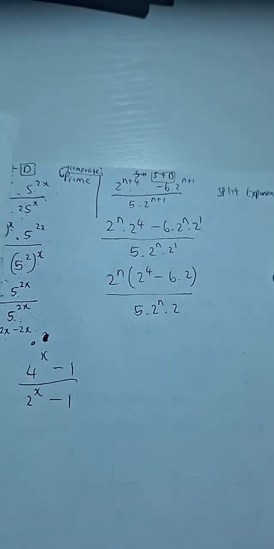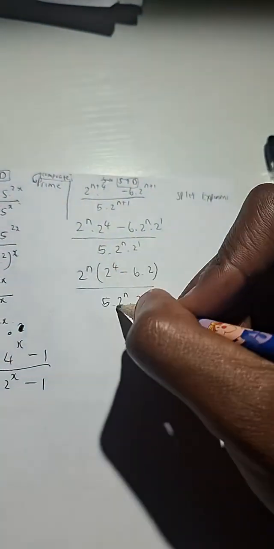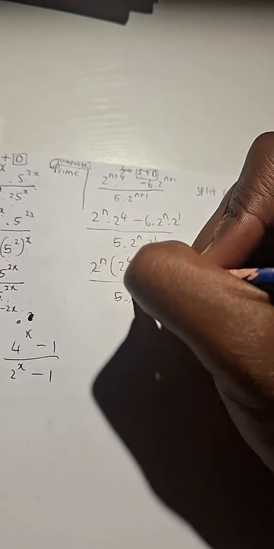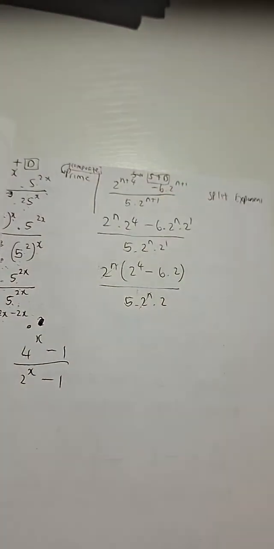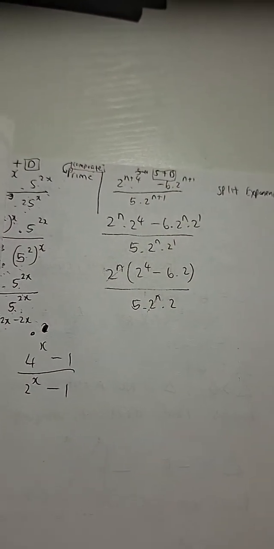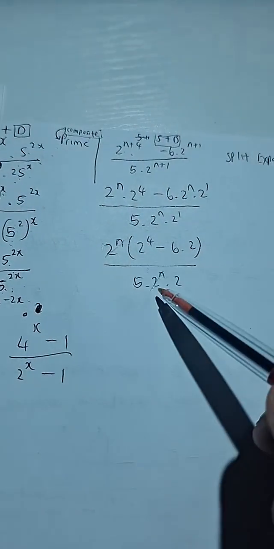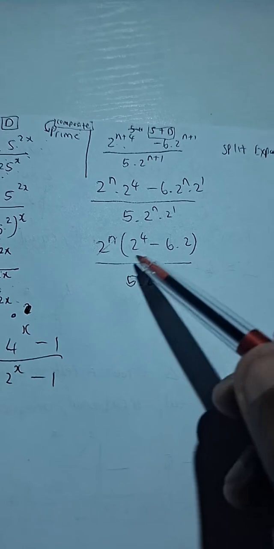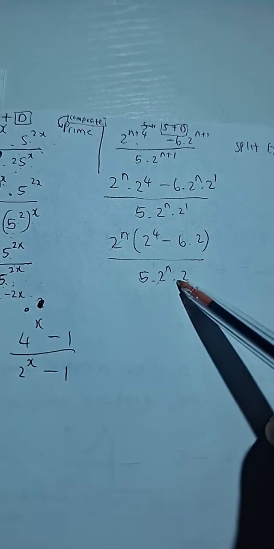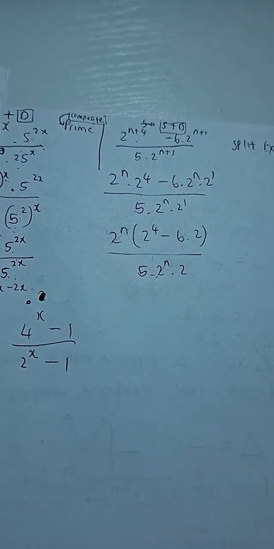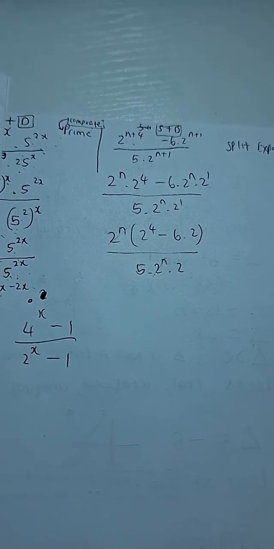Now, cancelling is possible. Why is it possible? Because it's not across an addition and subtraction sign. The 2 to the power n has a relationship of multiply. In the numerator, the 2 to the power n has a relationship of multiply with 5 and 2 in the denominator, so cancellation can happen because it's not across an addition or subtraction sign.